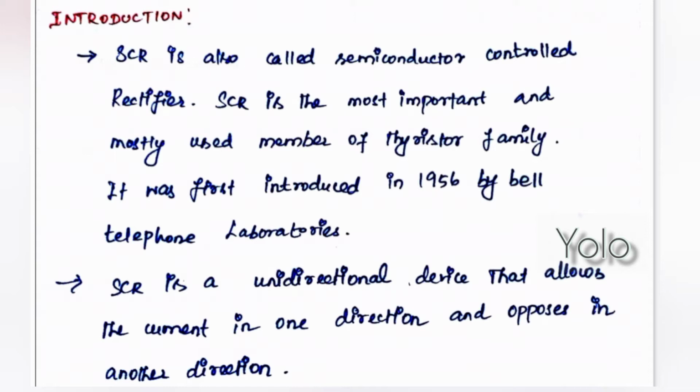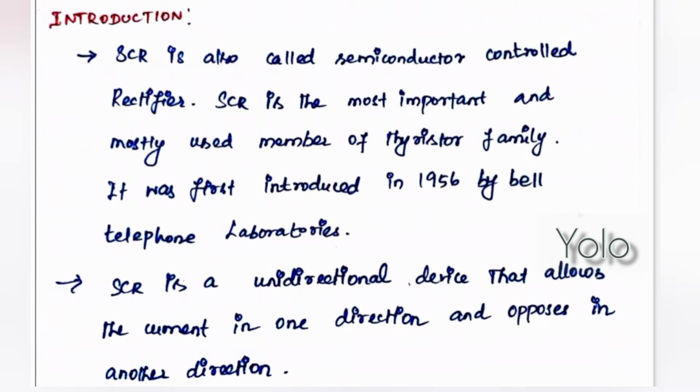SCR is the most important and mostly used member of the thyristor family. It was first introduced in 1956 by Bell Telephone Laboratories. SCR is a bipolar unidirectional device that allows the current in one direction and opposes the other direction.